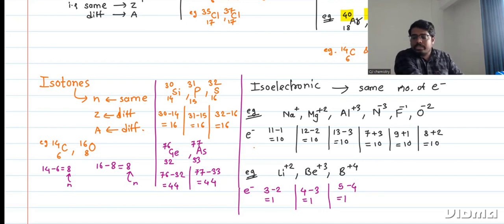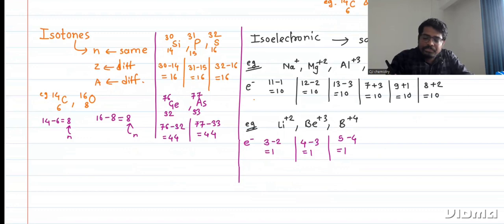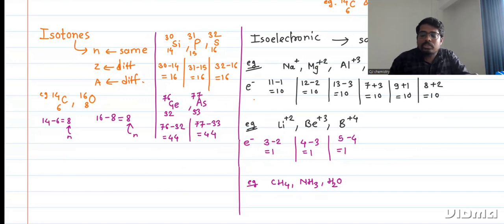Next example of isoelectronic species: CH4, ammonia, water. In carbon, number of electrons is 6, plus hydrogen. One hydrogen consists of 1 electron, and there are total 4 hydrogen, so 4 into 1 is 4.